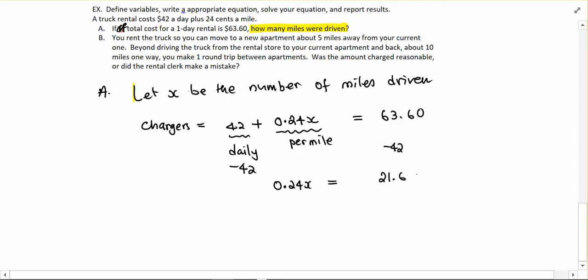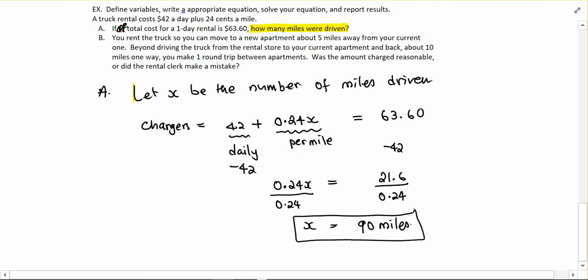There. And then I'm going to divide by 0.24. So I get x to be 18 divided by 0.24. I think I got that. 90 miles. So it appears that I have driven 90 miles. That is the first part.